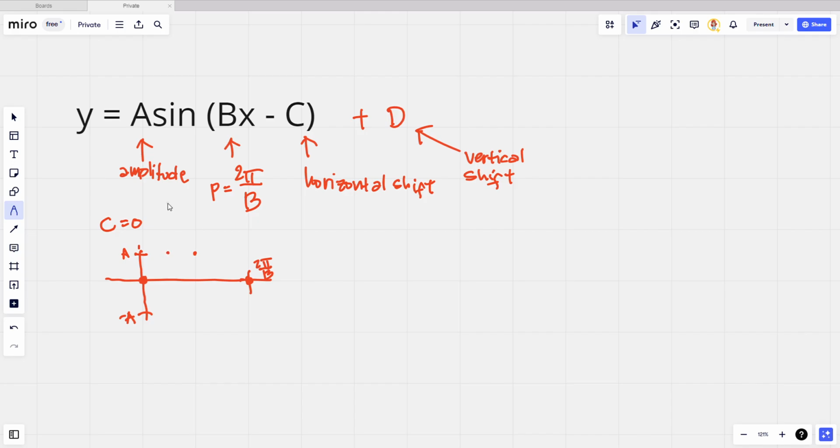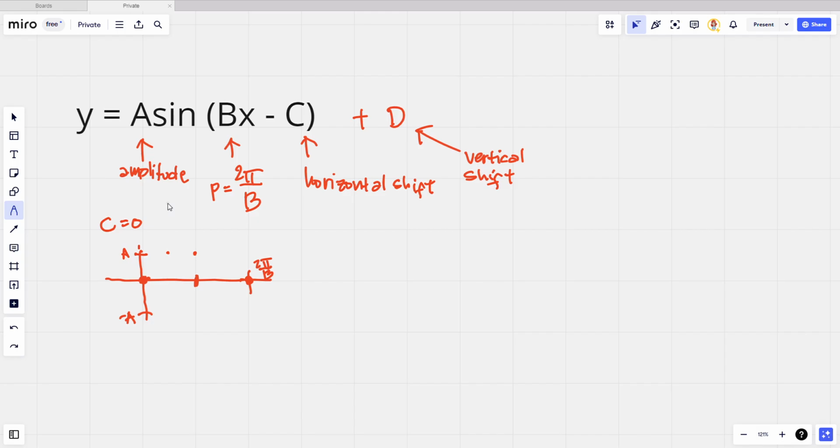But first, you need to identify the middle point in between the starting and the ending point. So we know that it starts at 0 and it ends after one full cycle, which is at 2 pi over b. So in between that is this right here. And this is where your graph will change direction. So a indicates whether we go up first or we go down first.